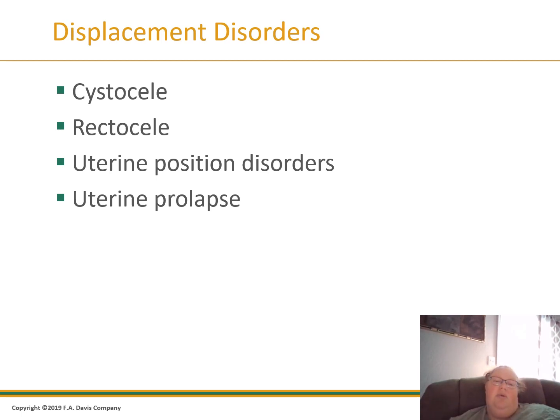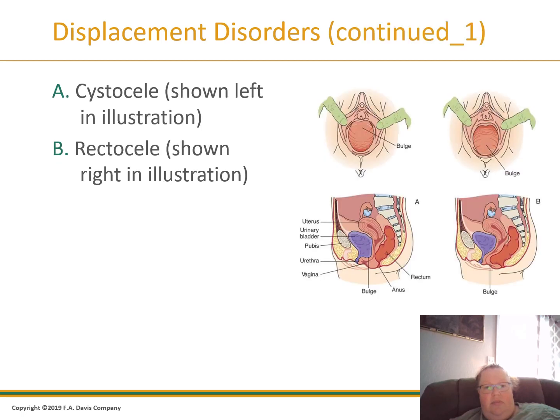And then, of course, uterine prolapse happens from having children too close together without letting your body heal before having another baby.